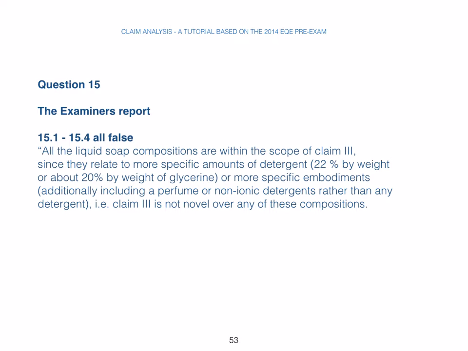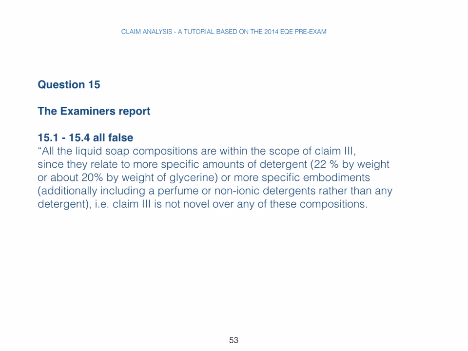Turning to the examiner's report on question 15, they say all of the liquid soap compositions are within the scope of Claim 3 since they relate to more specific amounts of detergent, 22% by weight or about 20% by weight of glycerine, or more specific embodiments, additionally including a perfume or non-ionic detergents rather than any detergent, i.e. Claim 3 is not novel over any of these compositions.